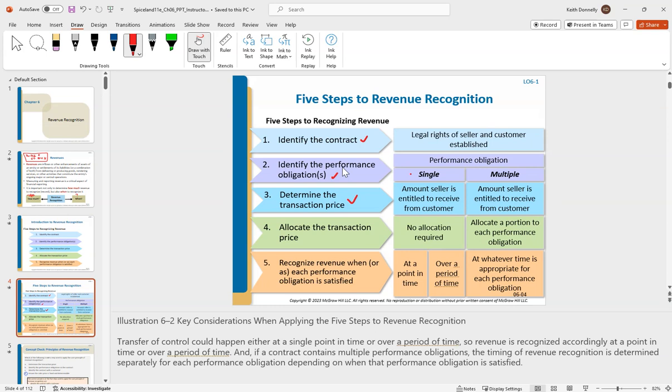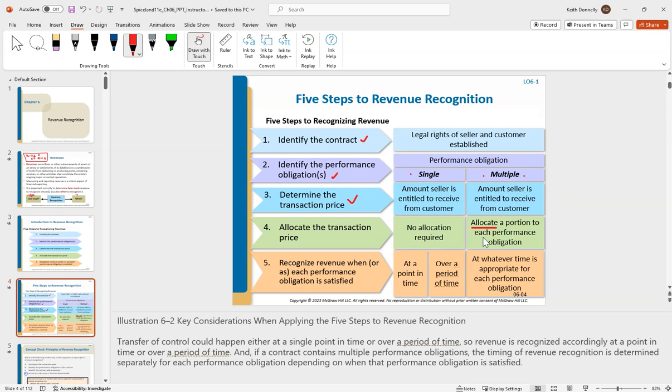Then if there are multiple performance obligations, we have to allocate a portion of the sales price to each of those. So what would be an example? We sell a car, and it comes with a year subscription for GPS on it. We sell the car for $100,000.